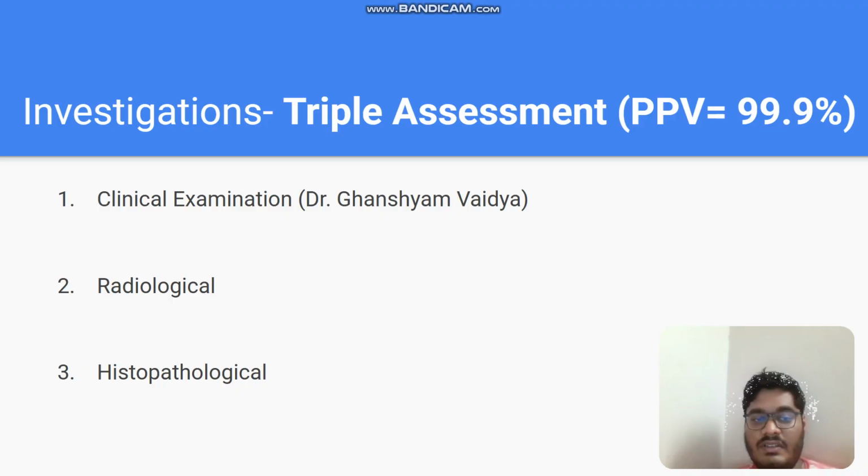Triple assessment is assessment using these three: clinical examination alongside history, radiological examination, and histopathological examination. Triple assessment has a positive predictive value of 99.9%. Hence, it is advised to do triple assessment in cases when you suspect the lump to be a malignancy, or if you even consider it to be benign, but you still feel a lump. It's best to do triple assessment.